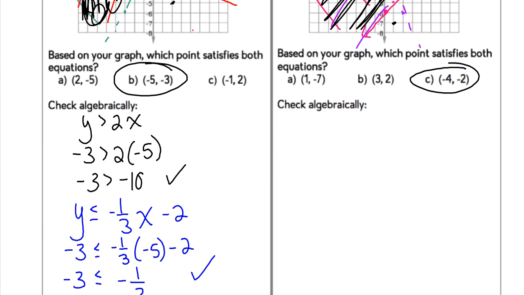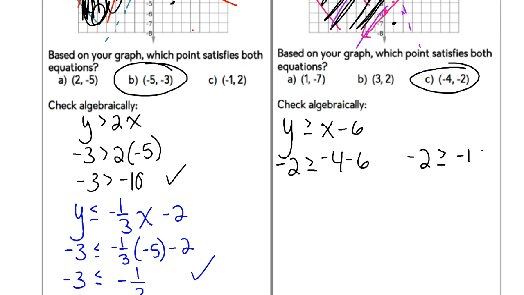Let's double check it with our algebra here. So I am going to say y is greater than or equal to x minus 6. So my y value is -2, my x value is -4, and I get that -2 is greater than or equal to -10. That is true.